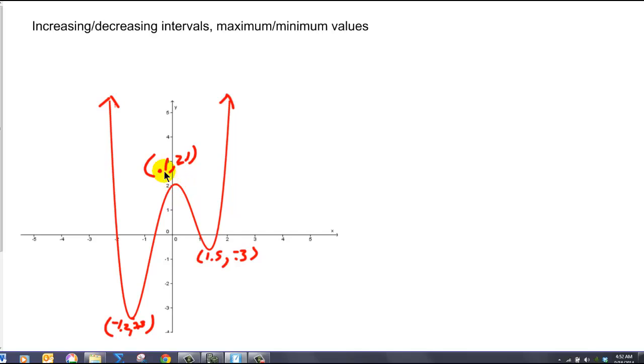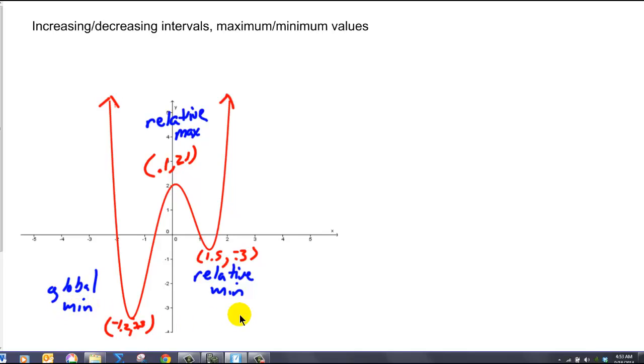So in this case, this is a maximum value right here, but since it's not the highest maximum of it all, we call it a relative max. Likewise, this is a low point, but since it's not the lowest point, we call this a relative min. And this point here is also a low point, but it happens to be the lowest point of all, so we call this a global min.